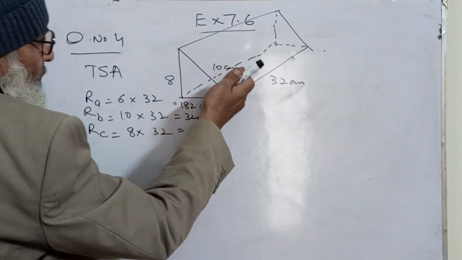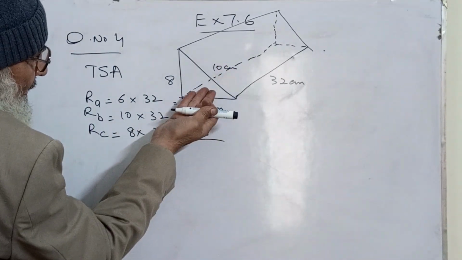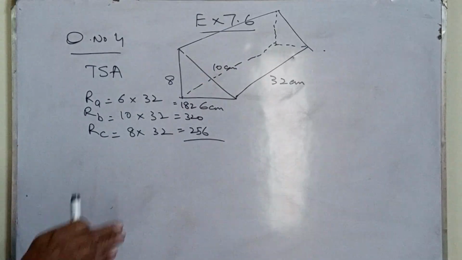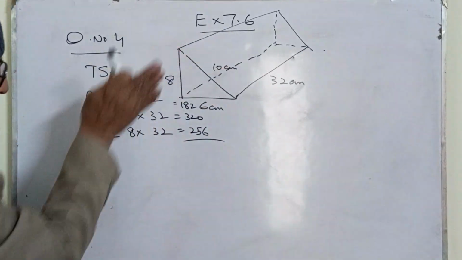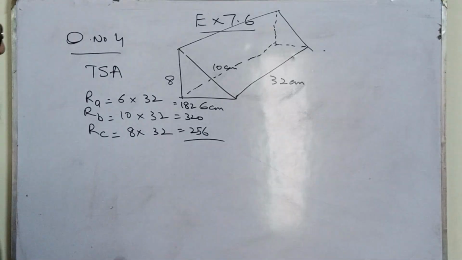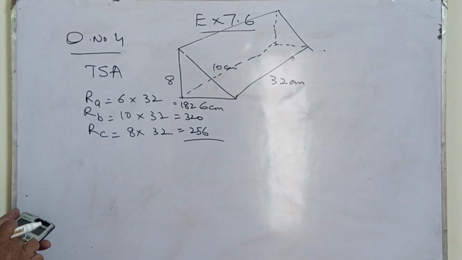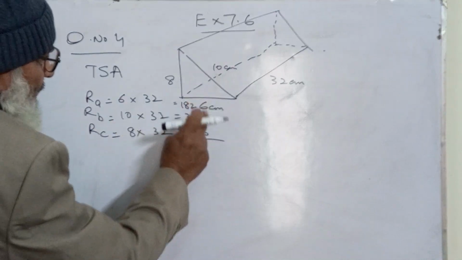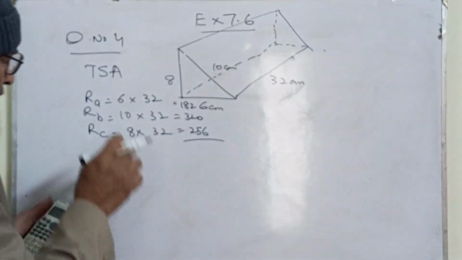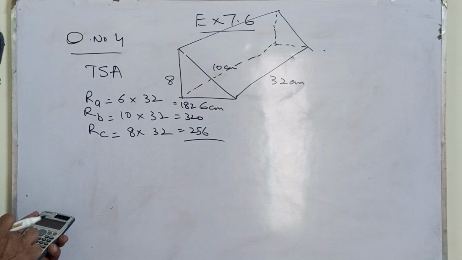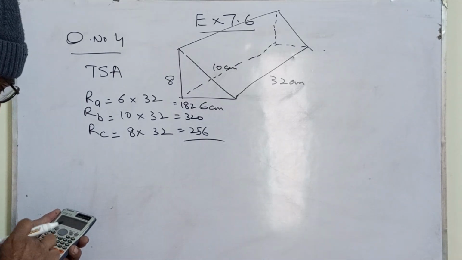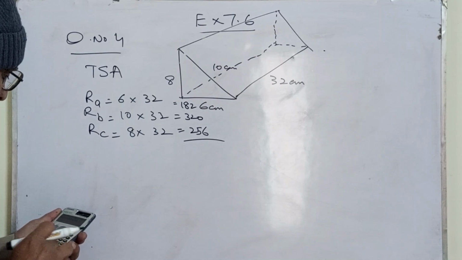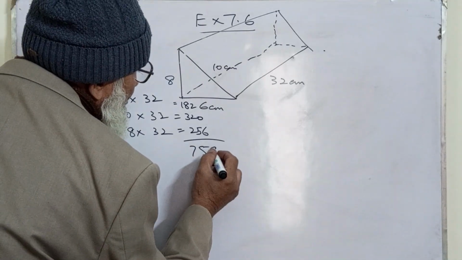Now, area of one rectangle, second rectangle, and third rectangle. Only one rectangle is visible to you. The two others are behind the scene. So the consolidated area of the three rectangles is 192 plus 320 plus 256, which will give us 768.